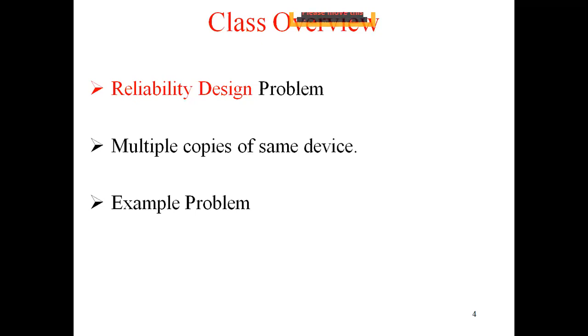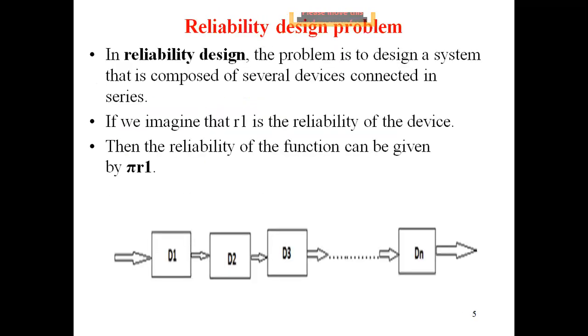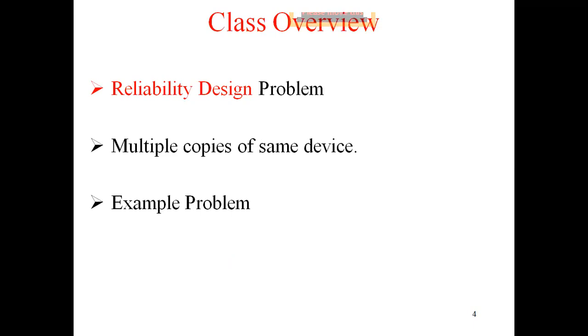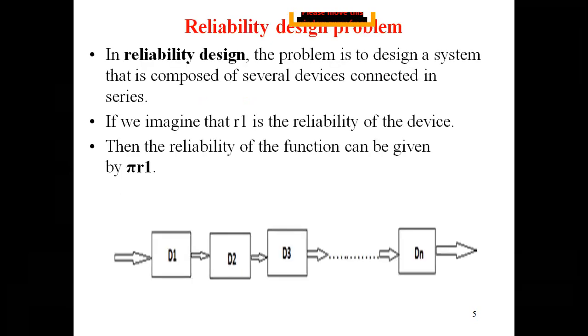See, in our overview of the class, we have the reliability design problem, and multiple copies of the same device we are considering for improving the reliability within a cost constraint. We need to maximize the reliability. So next, the example problem, the reliability design problem.